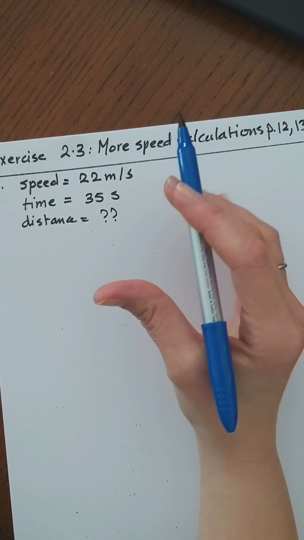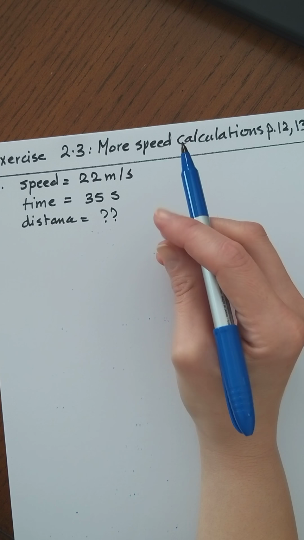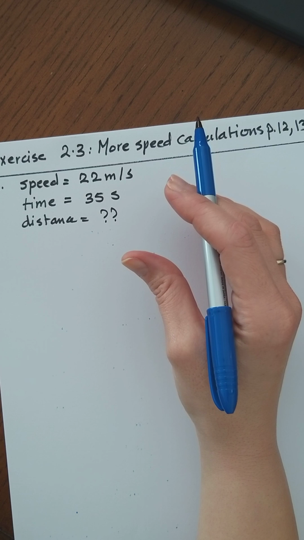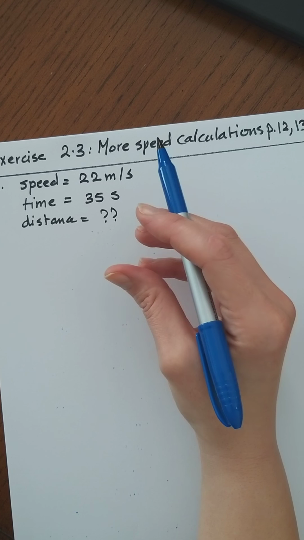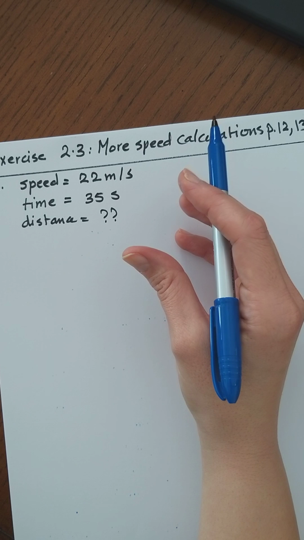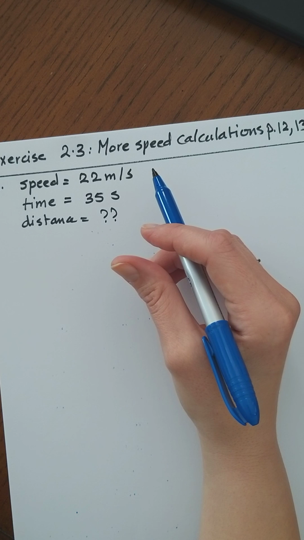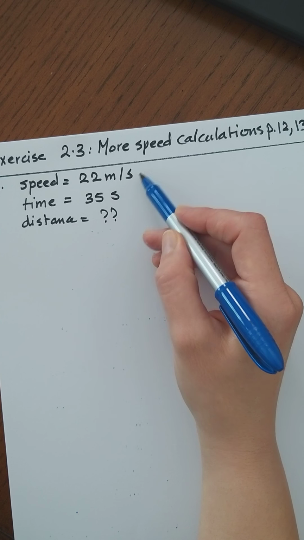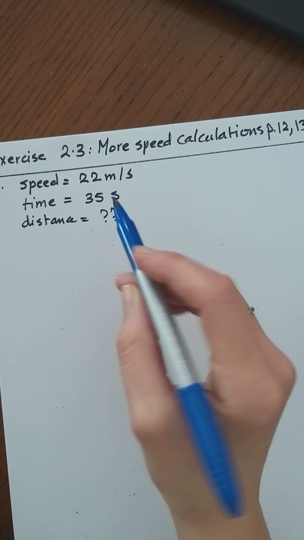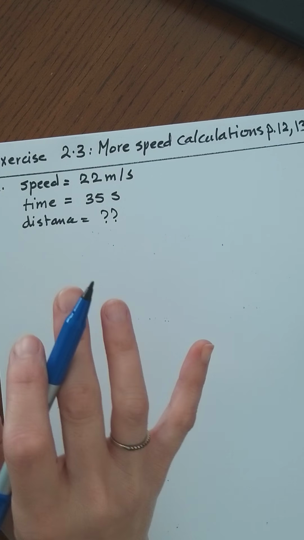Remember that in speed calculations, we only have one missing value, and in order to know it, we need to know the other two values. So, putting these values in front of you and telling exactly what they are will make it easier for you.